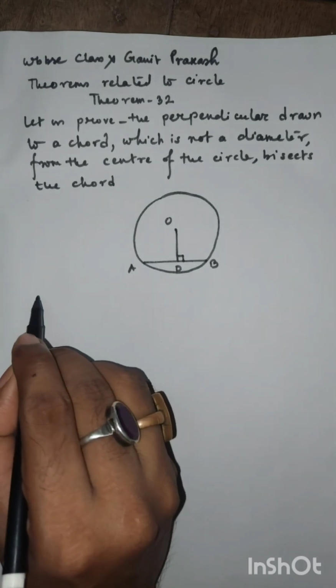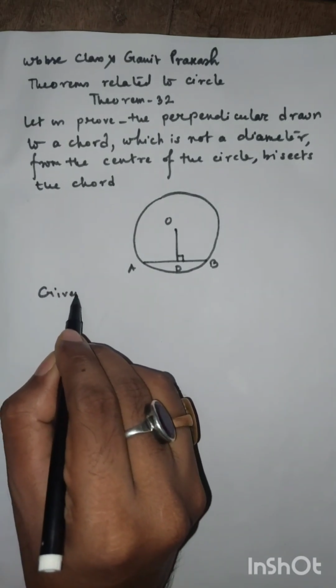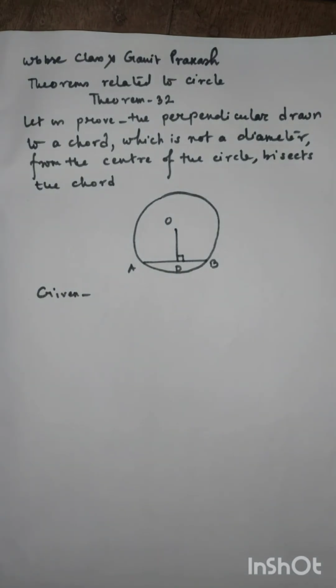Okay, so you can write the given part that we have drawn a circle with center O and AB is a chord of that circle, and we have drawn a perpendicular OD on AB. We have to prove OD bisects AB.